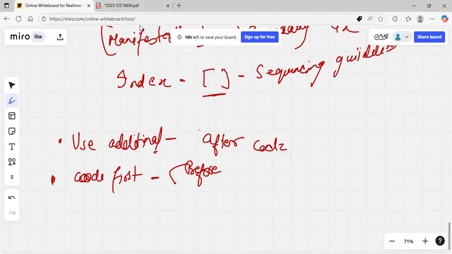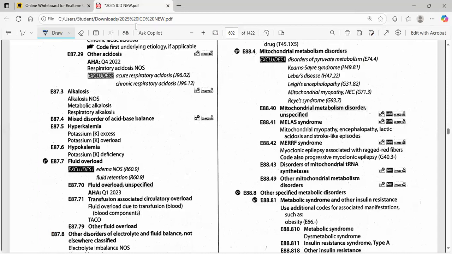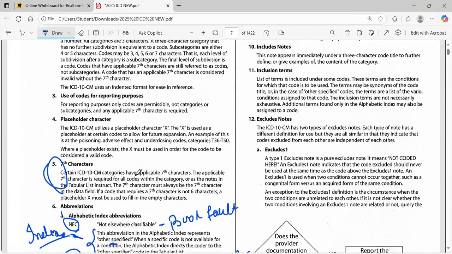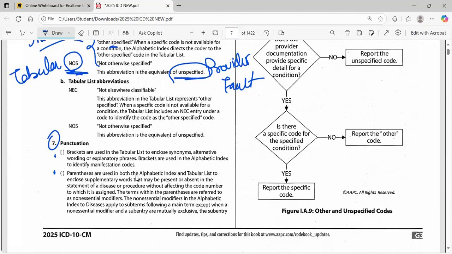Okay, moving further. Next instructions we have, so I'm just going to read it. The bracket will tell us if it is in the tabular list, it will include synonyms and alternative words.